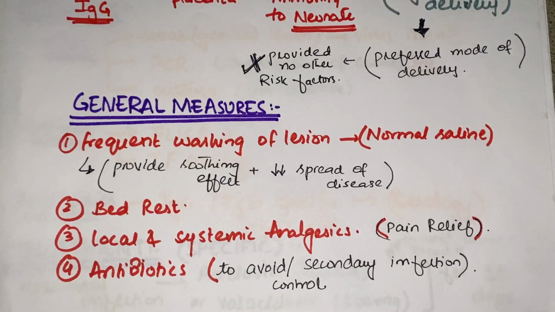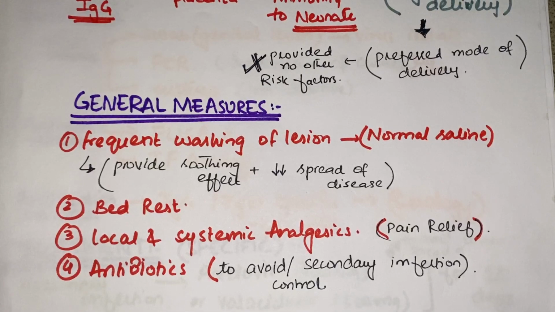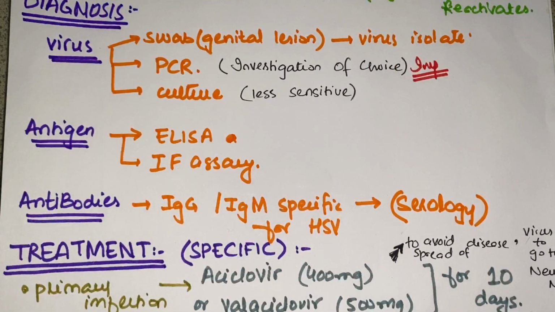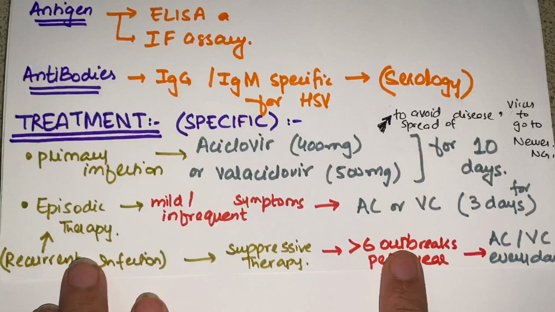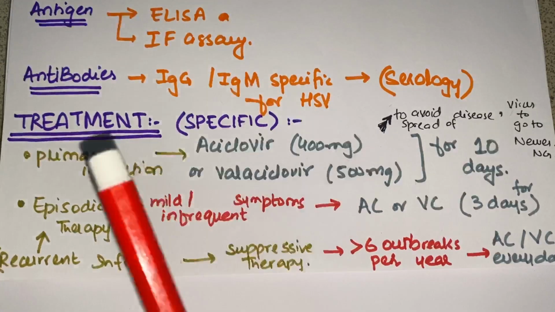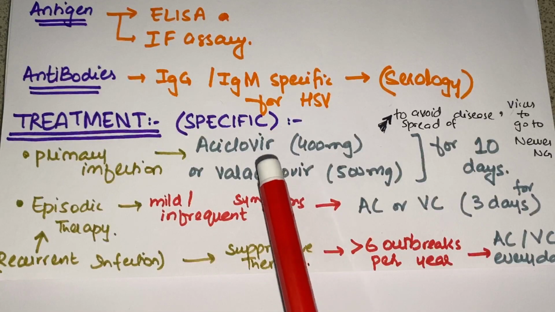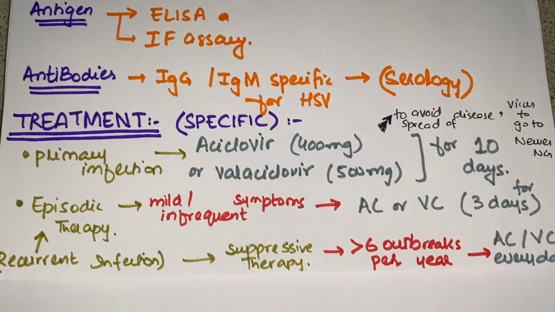Now moving on to the specific treatment, how we will specifically treat the patient. First of all, if the patient has primary infection like we discussed before, we give antivirals because it's a viral infection. We give acyclovir, the drug of choice here, or another drug of its family, valacyclovir.